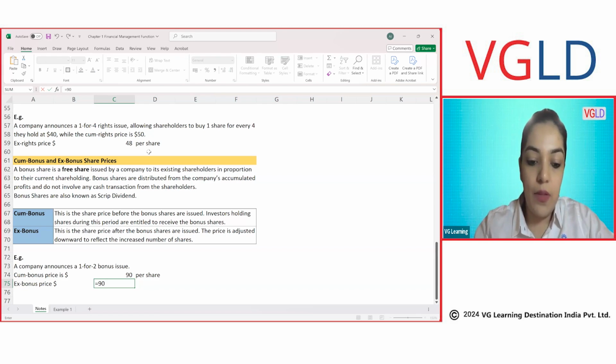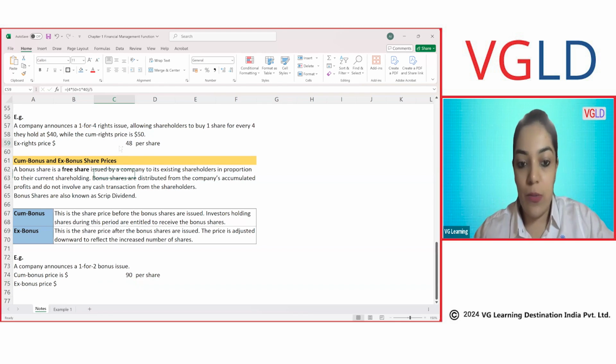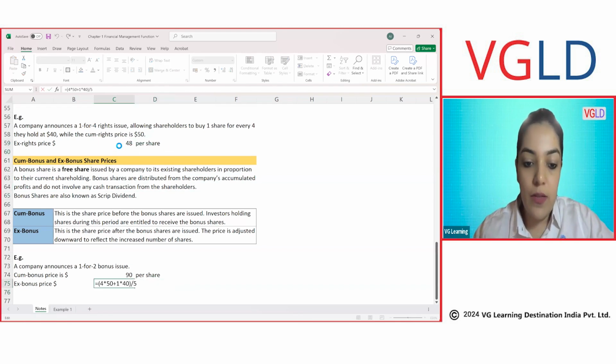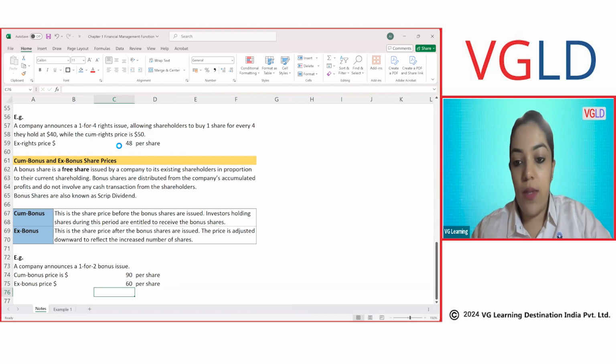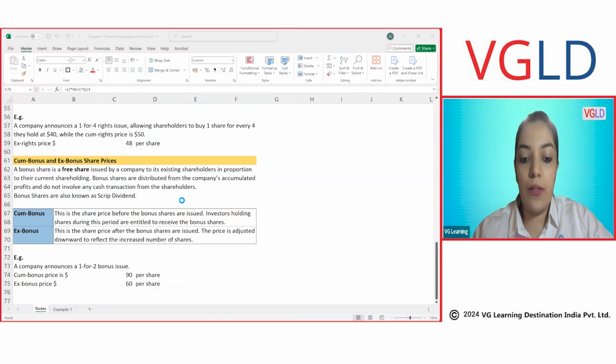This is 90 into 2, but I'm not going to pay any price for the free share, so I can say 0 into 1. I'm applying the same formula which I used here. So this is 2 into 90 plus 1 into 0 because I don't have to pay any price, divided by 3. So the ex bonus price is $60 per share.